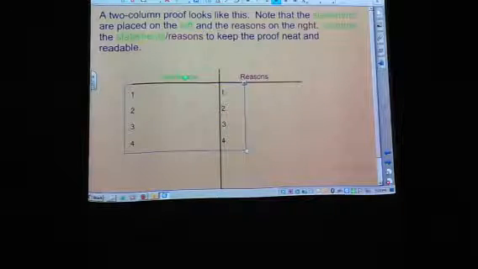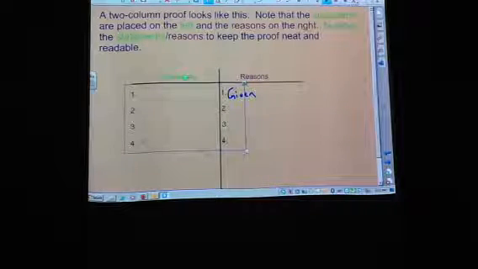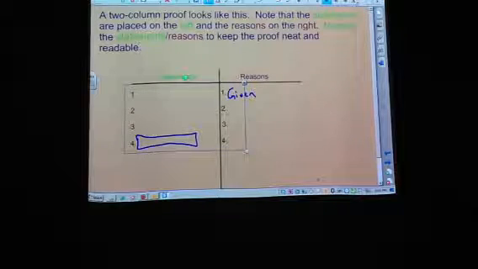Now the main proof that we see is a 2-column proof. And in a 2-column proof, we organize it with statements on the left-hand side and reasons on the right-hand side. And each time we list a statement, we just list the reason along with it. And generally speaking, we start with given for the reason, and what we're trying to prove is usually that last statement underneath our statement side.